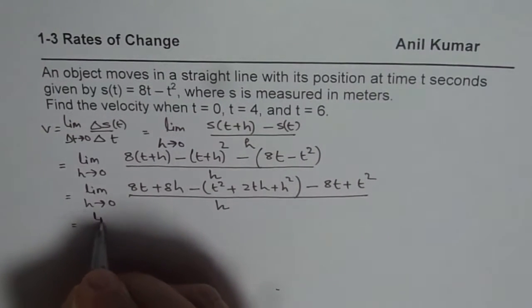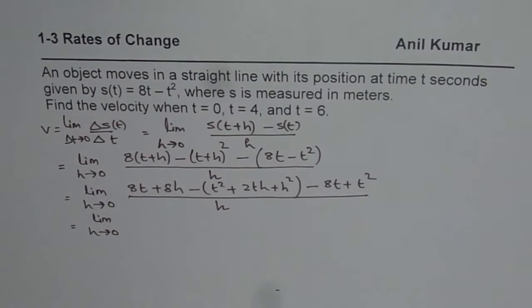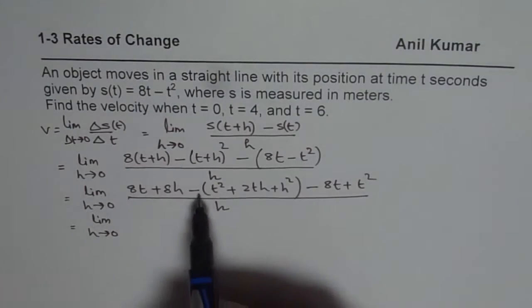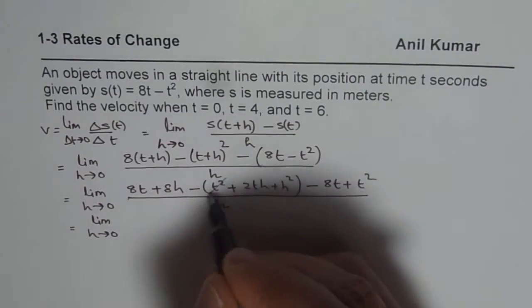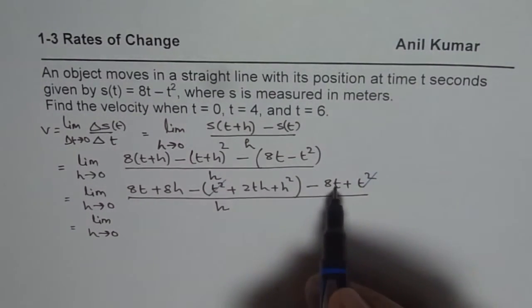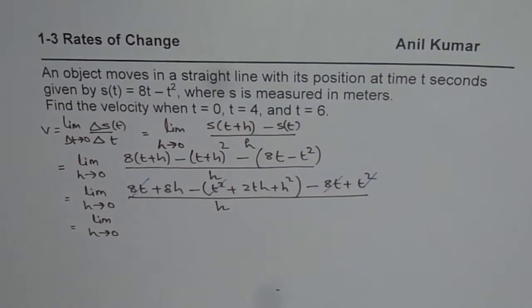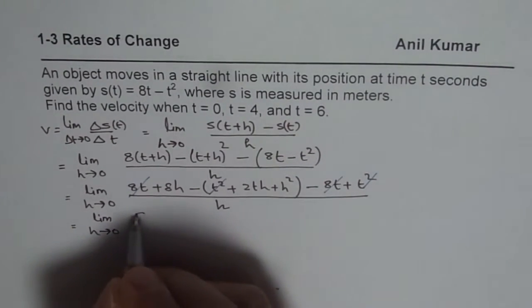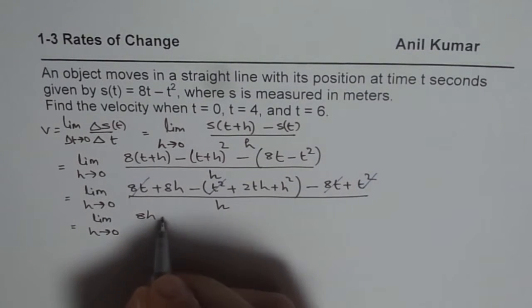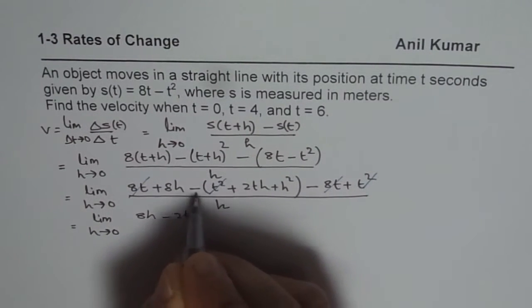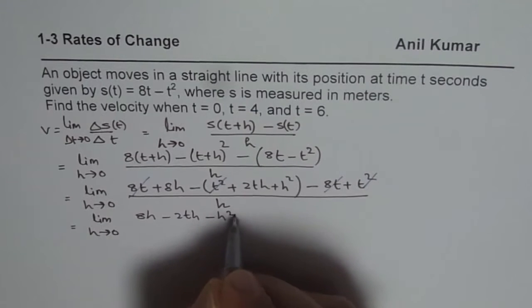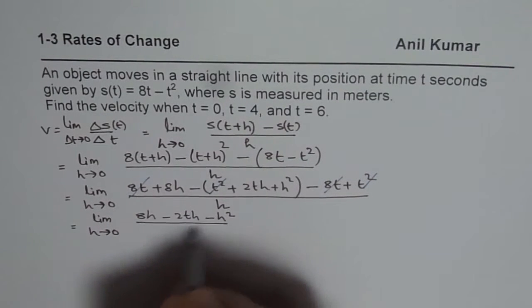At this stage, you will notice that all the terms without h cancel. Minus t² plus t² is 0, and minus 8t plus 8t is 0. What we are left with is (8h − 2th − h²) divided by h.